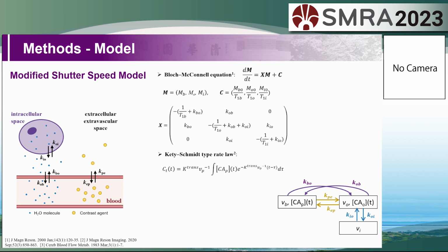It includes 3 compartments: the blood or intravascular space, the intracellular space, and the extracellular space. This model could quantify 3 transfer constants, including KPE for contrast agent molecule from blood to extravascular space, KBO for water molecule from intra to extravascular space, and KIO for water molecule from intra to extracellular space.